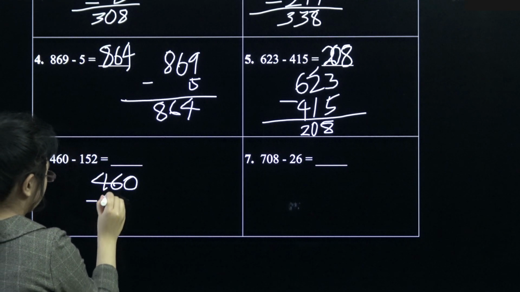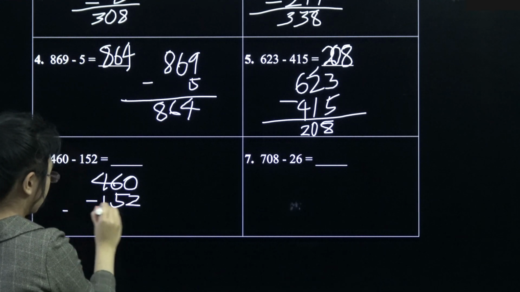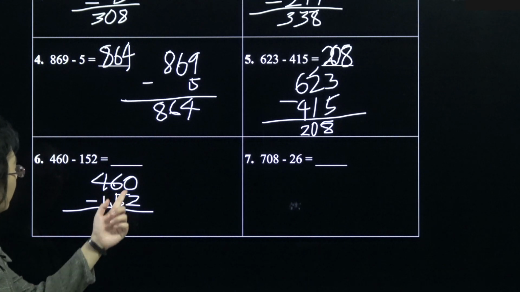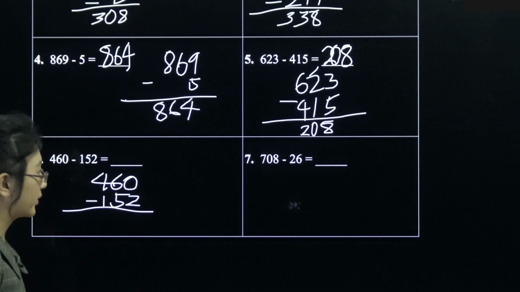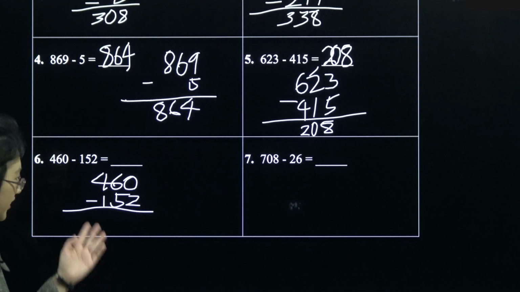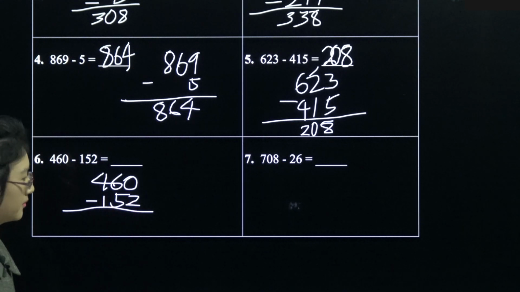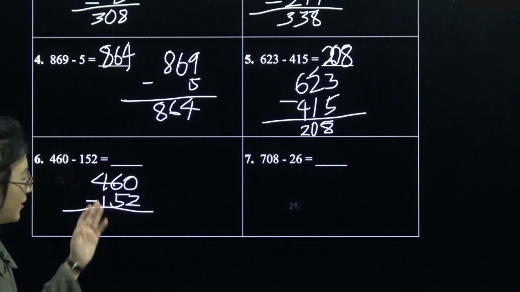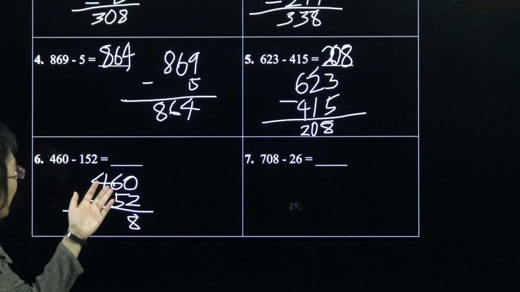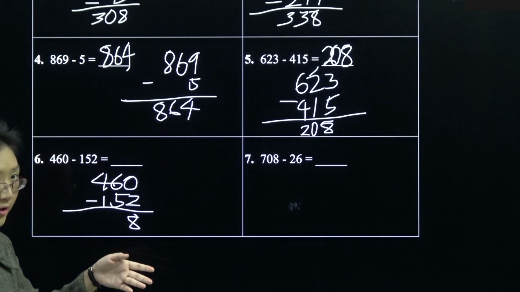460 minus 152 is equal to what? Well, 0 minus 2 doesn't really work. So we borrow 10 from 6. Well, 60. Which leaves us with 10 minus 2. 10 minus 2 equals 8. And 6 got 1 borrowed from it.